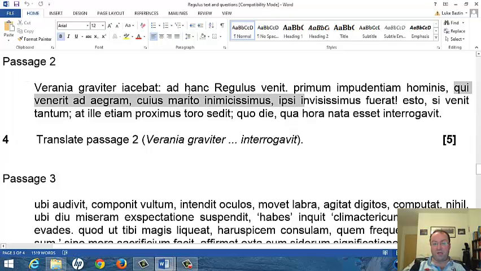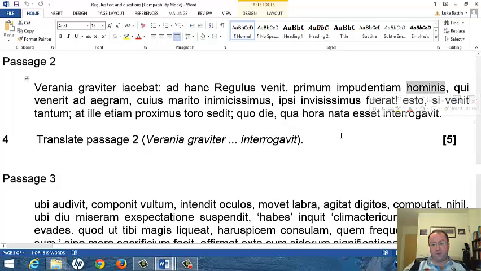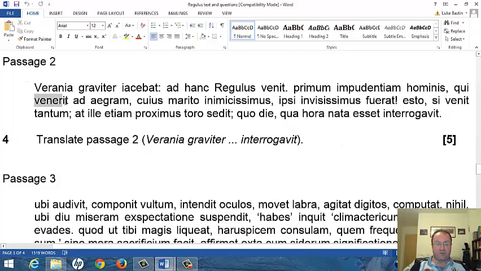We then have a qui clause. Okay. Qui starts a new clause, remember. So qui is referring back to hominis, the man who. This man is Regulus, that's who we're talking about. And then we've got the main verb in that clause, venerit, ad aegram. Again, this is a subjunctive form, but don't let that put you off.